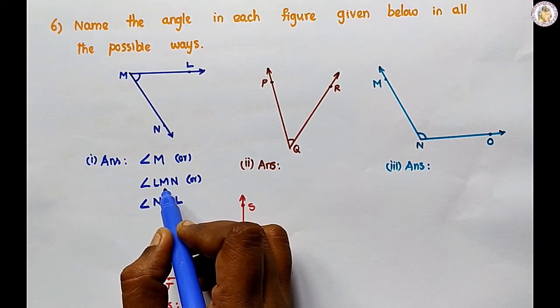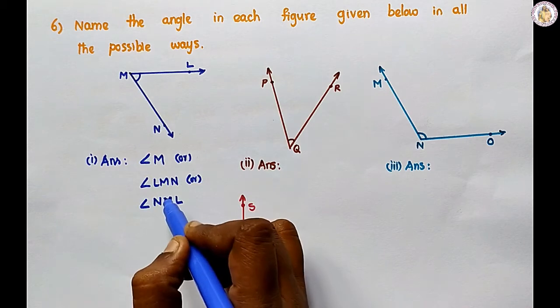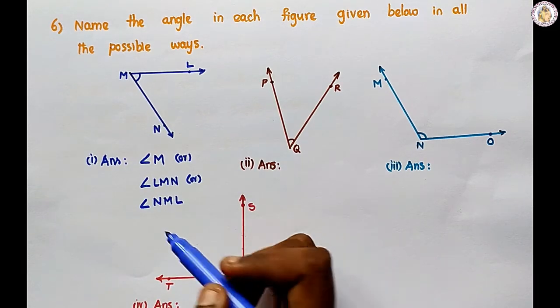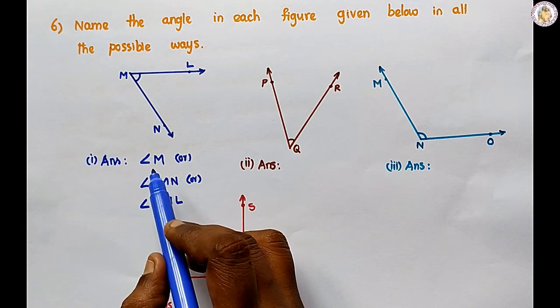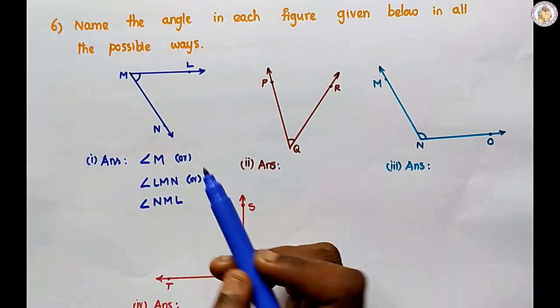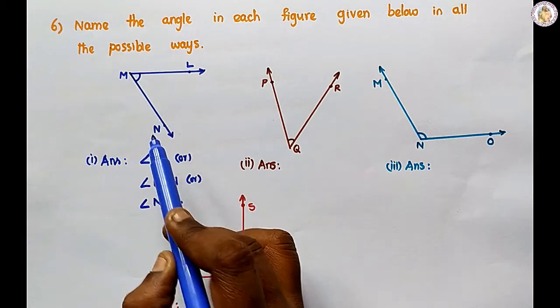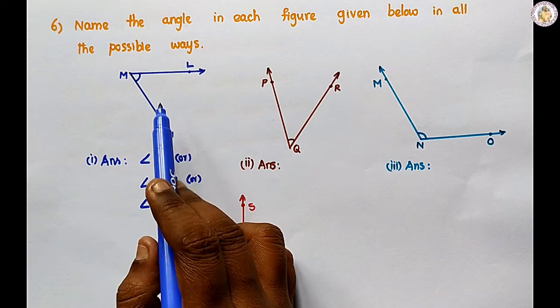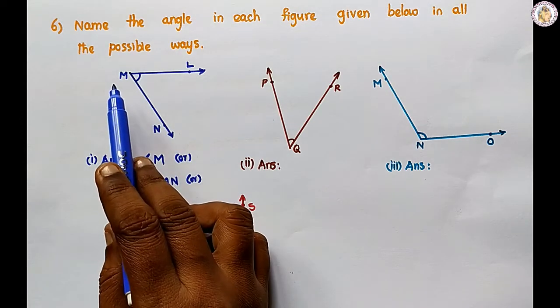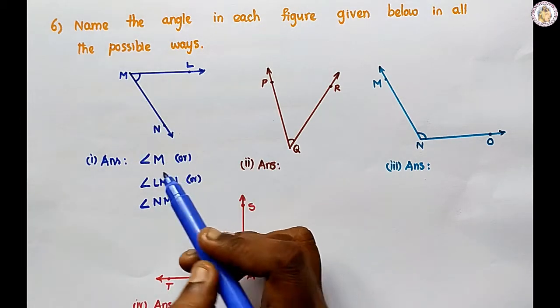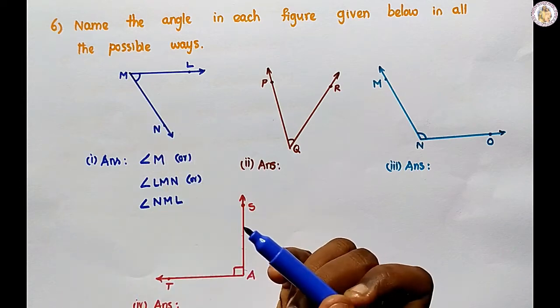So middle is the vertex. So angle M or angle L, M, N, or N, M, L. These are the names of the angles.